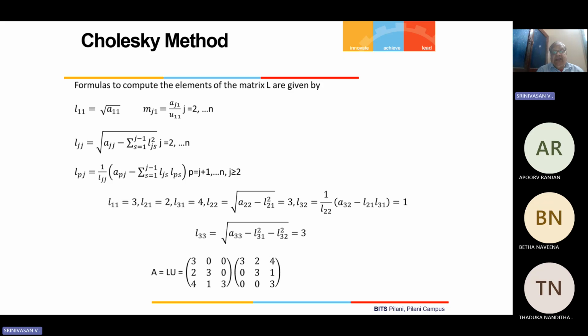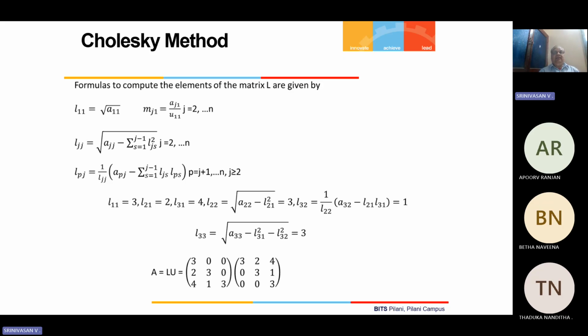Then it goes into P. P is your 3. So L31. That's all. So you have now 1 by L22. That is L22 is 3 in the denominator. In the numerator, what is A32? A32 is given 11 minus L21 into L31. L21 into L31 is 8. So it is 11 minus 8, 3 divided by 3 equal to 1.